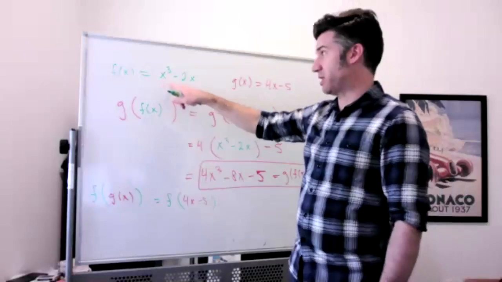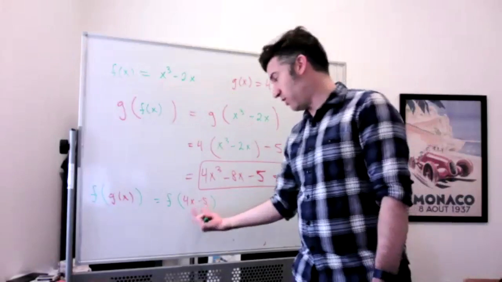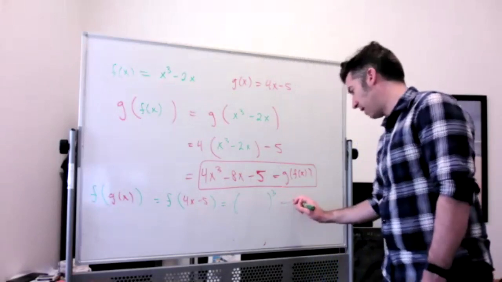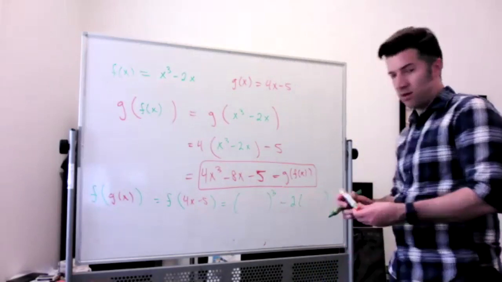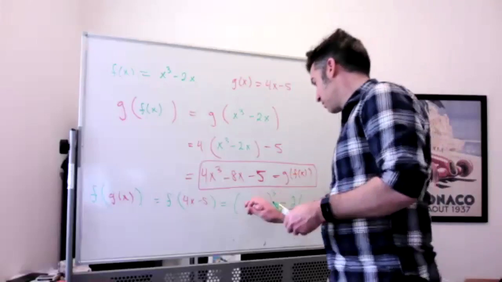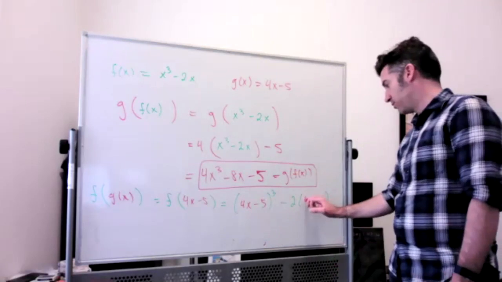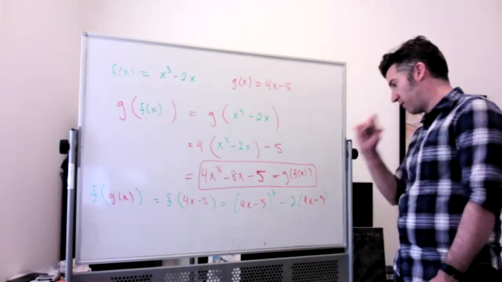And then f of x is x cubed minus 2x. So f of a thing is going to be the thing cubed minus 2 times the thing, which in this case is going to be 4x minus 5 cubed minus 2 times 4x minus 5.